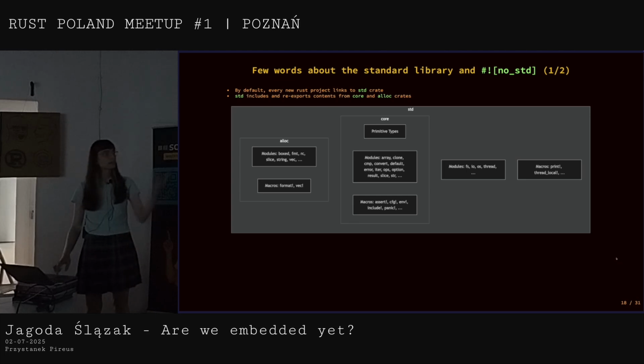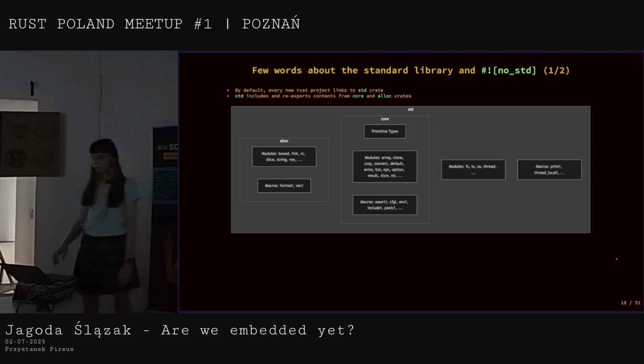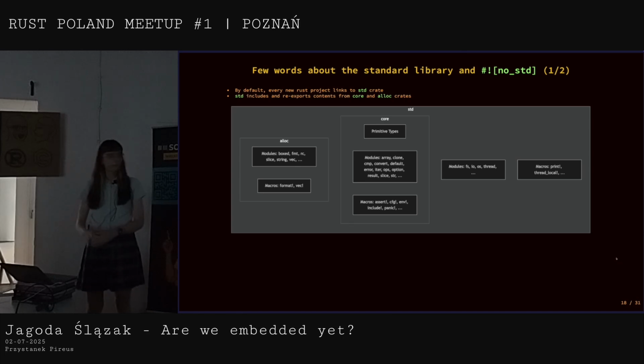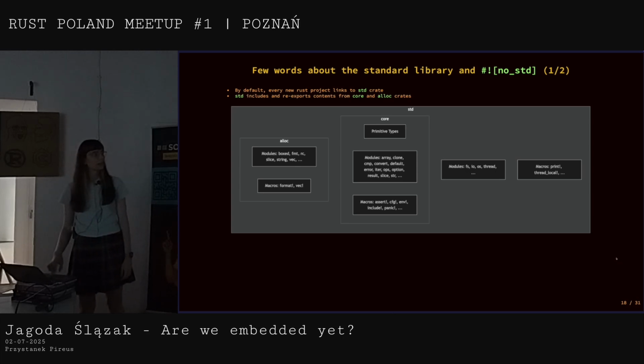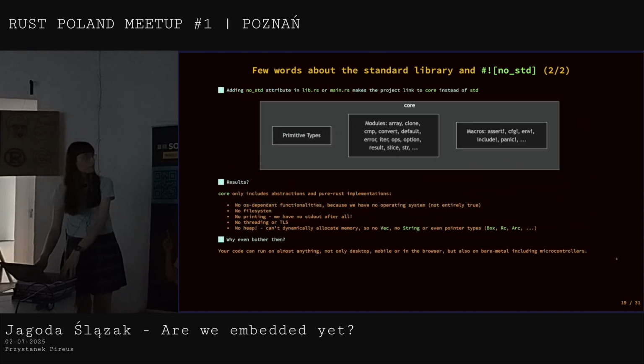And the rest of the standard library is basically the abstraction of platform-specific stuff, because core is basically pure Rust. And here are, for example, threads, and much more on that later.